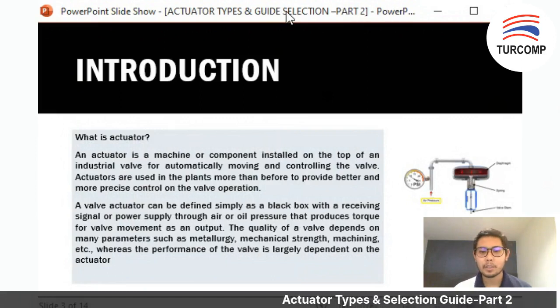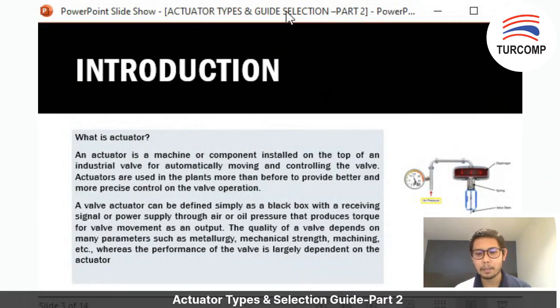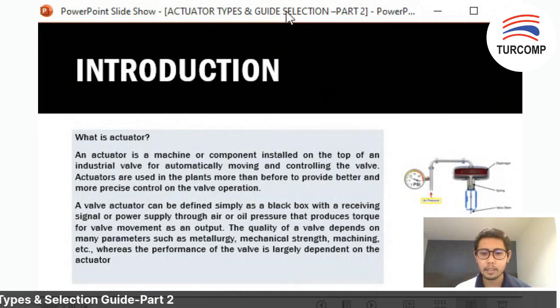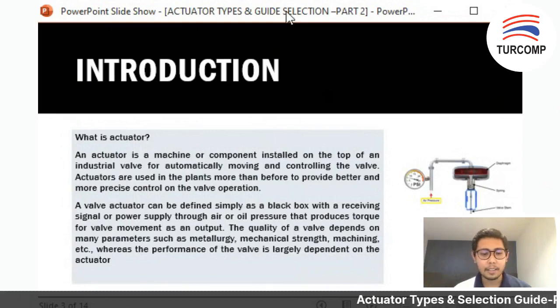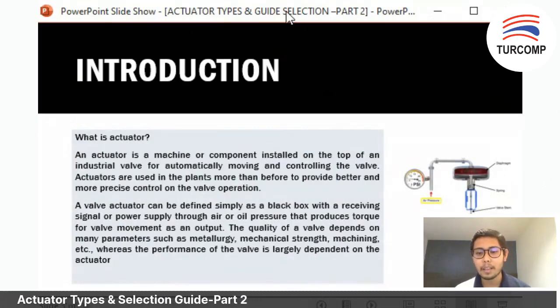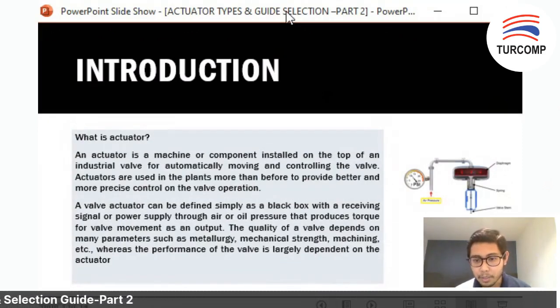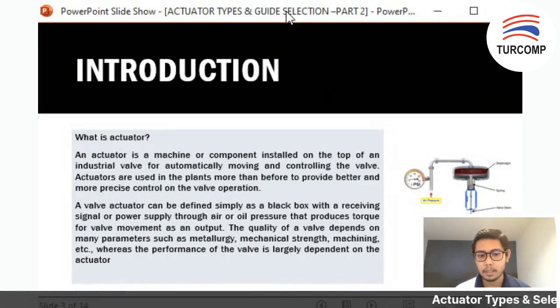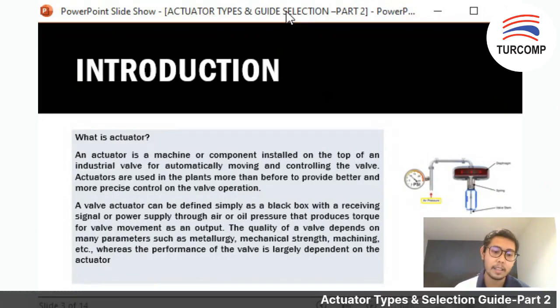Actuators are used in plants more than before to provide better and more precise control of valve operation. A valve actuator can be defined simply as a black box with a receiving signal or power supply through air or oil pressure that produces torque for valve movement. So valve movement is the output.